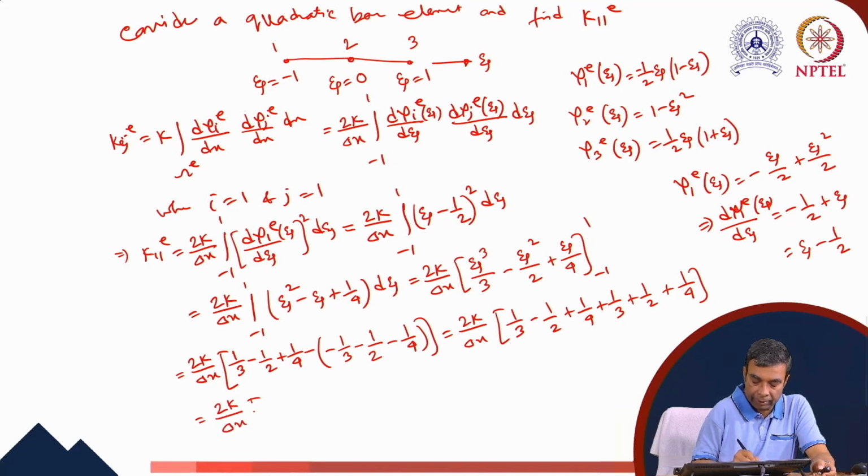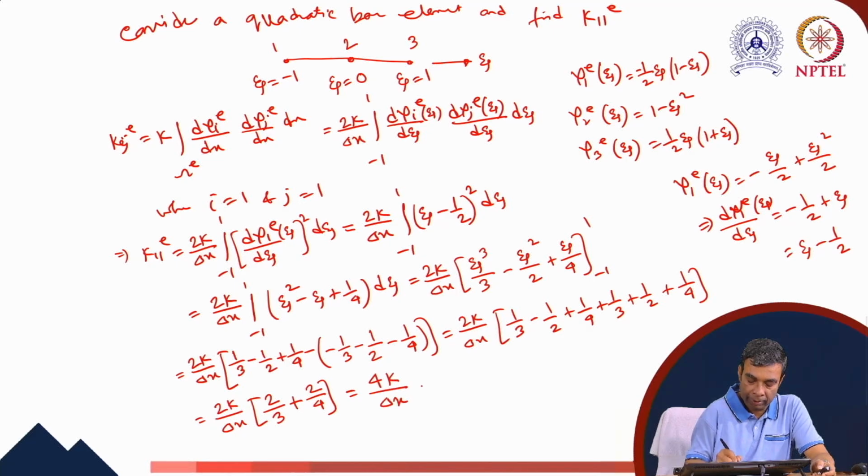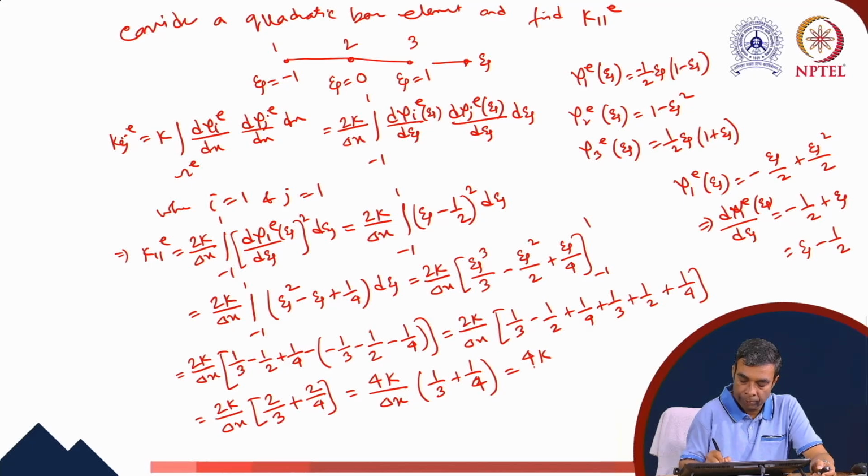This equals 2k by delta x (2/3 plus 2/4), equals 4k by delta x into (1/3 plus 1/4), equals 4k by delta x into 7 by 12, equals 7k by 3 delta x.